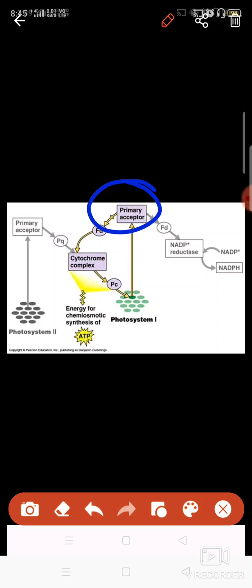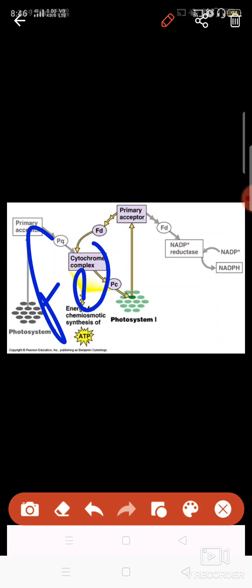Now this electron passes its energy to another primary acceptor here, which is ferredoxin.